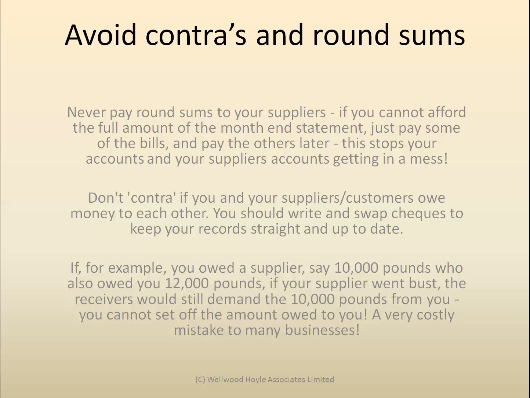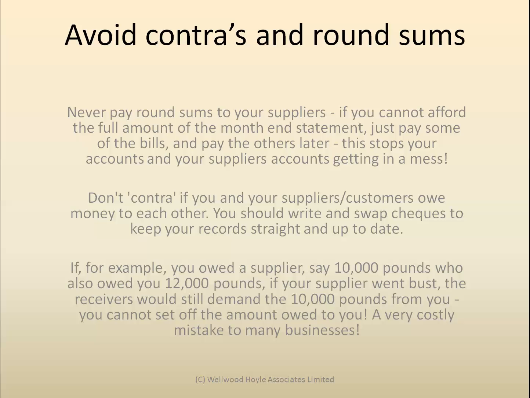That's very, very bad. You really should pay your bills and get the supplier to pay their bills to you, even if it just means exchanging cheques to each other. This not only keeps your books simple, you're also protected in case your customer goes into liquidation or receivership.